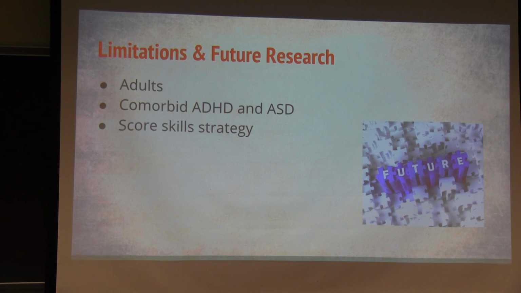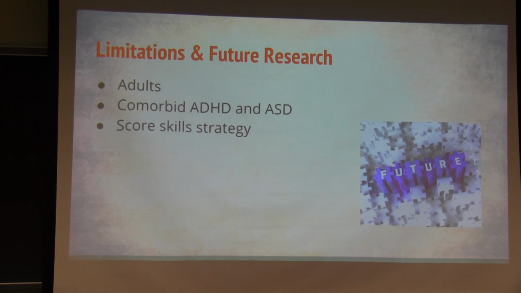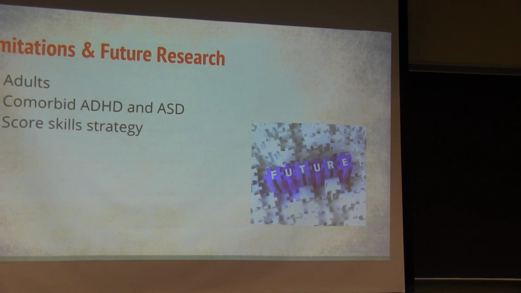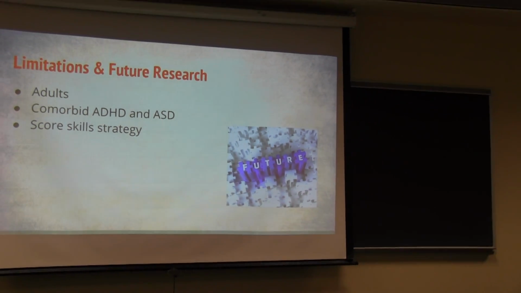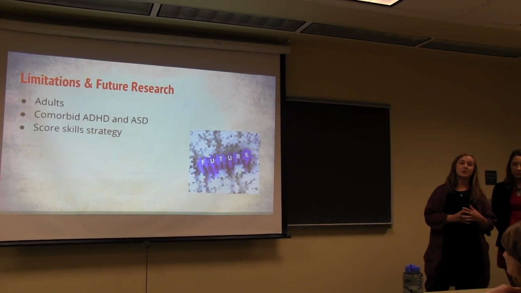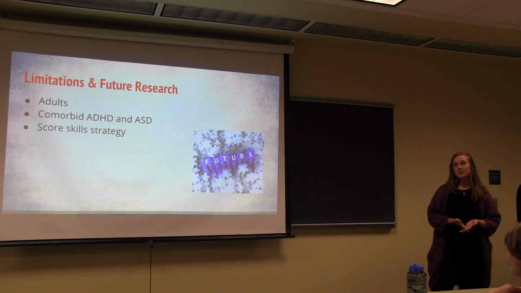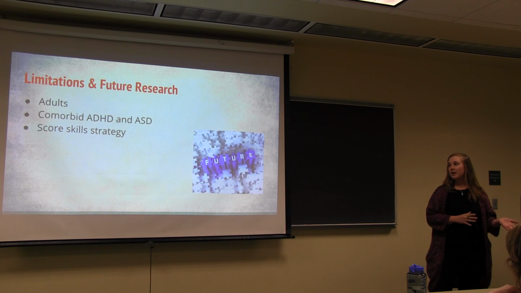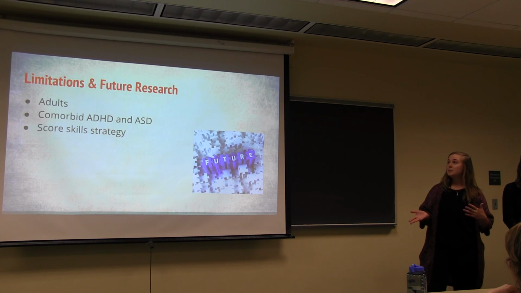So overall, limitations and future research. The majority of the studies that we found that were related to our PICO question had child or young adolescent participants, and our client is an adult. So we did consider that one limitation, and we had to use those findings and apply them to our client.